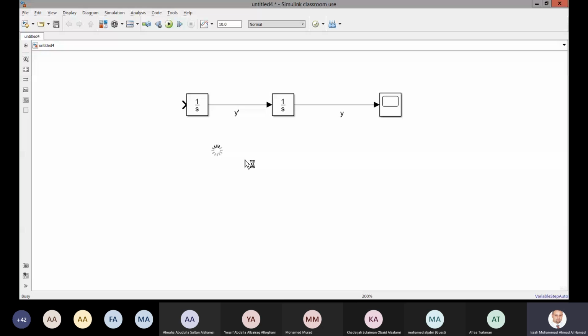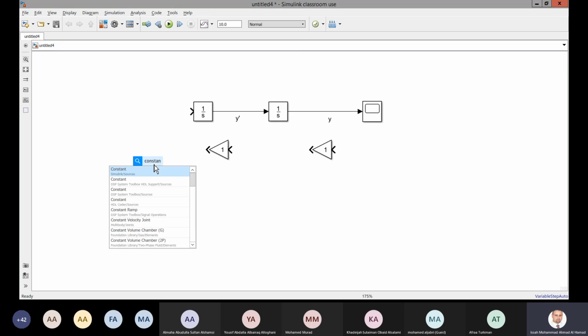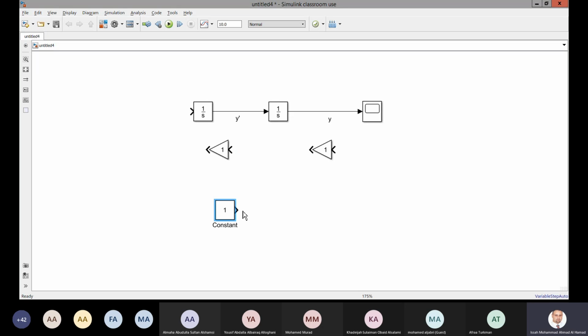This is one gain. Okay, I will flip it. Then I will copy this one here. I need a constant, so I add a constant here. I can flip it as well.